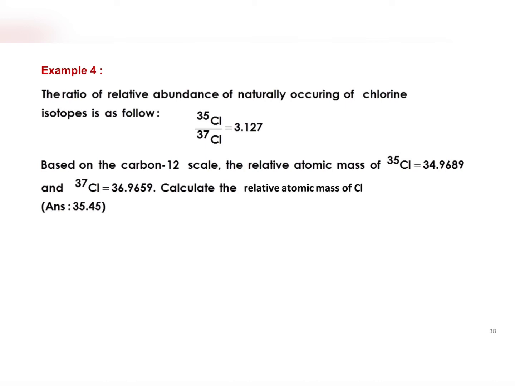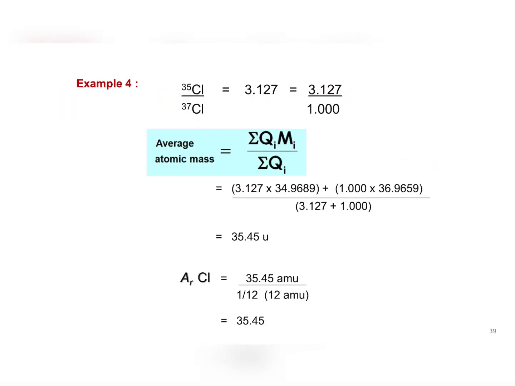Calculate the relative atomic mass for chlorine. Since the question gives a ratio, just write it back. The ratio is always over 1. If they give a percentage, then you convert it yourself. Since this one is a ratio, just over 1.